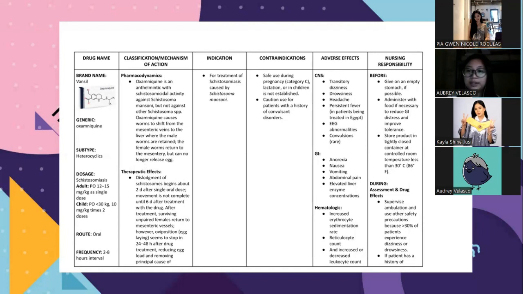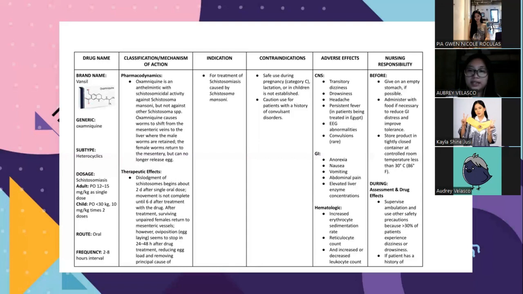Store product in tightly closed container at controlled room temperature less than 30 degrees Celsius. So during assessment and drug effects, so supervised ambulation, or help natin sila mag-walk or gumalaw, and use other safety precautions because less than 30% of patients experience dizziness or drowsiness. So minsan nahihilo yung ating patients, kailangan natin silang tutulungan na tumayo, lumakad, at gumalaw.